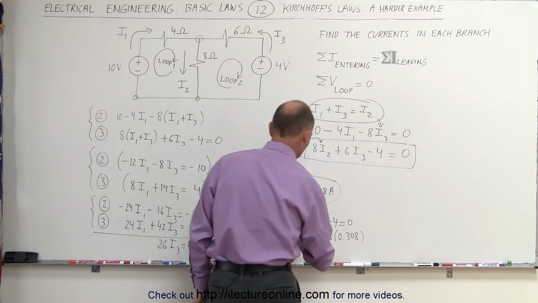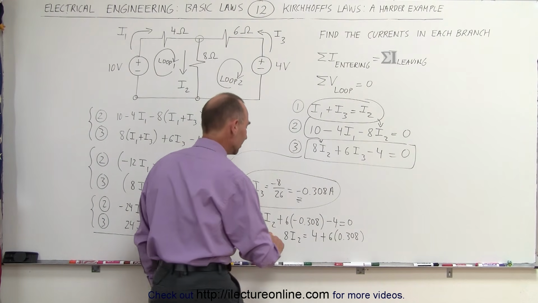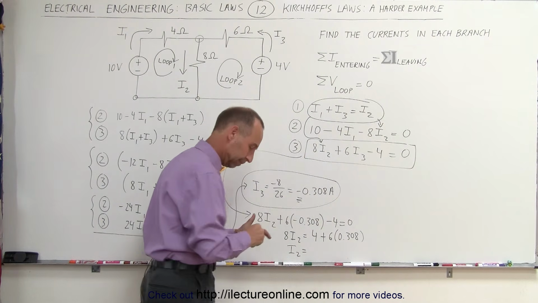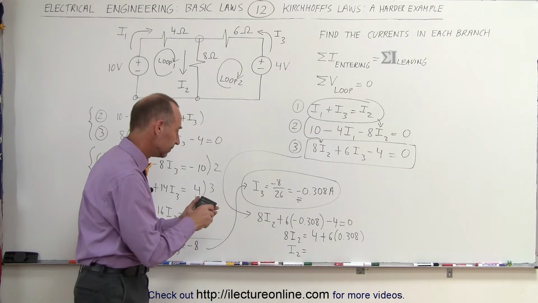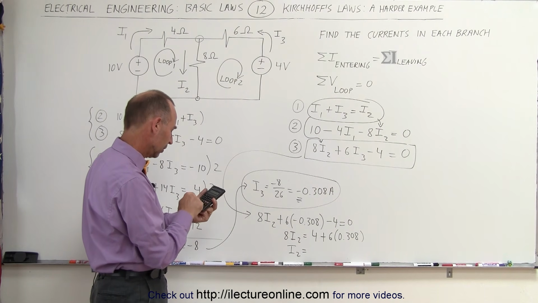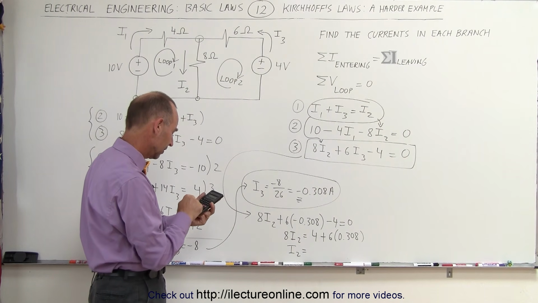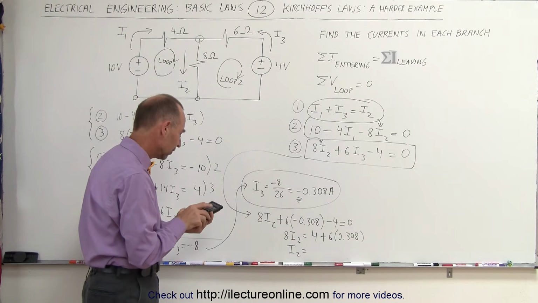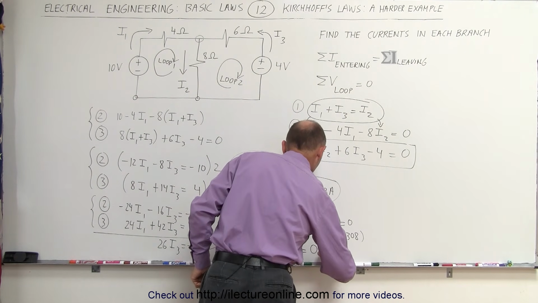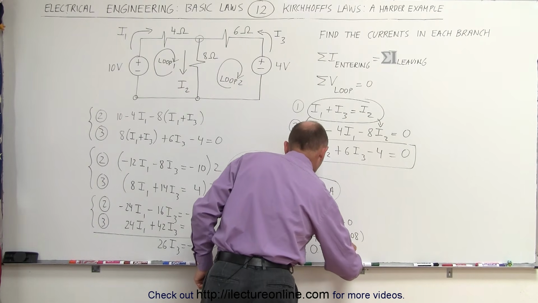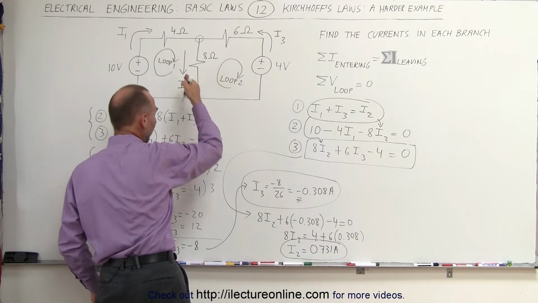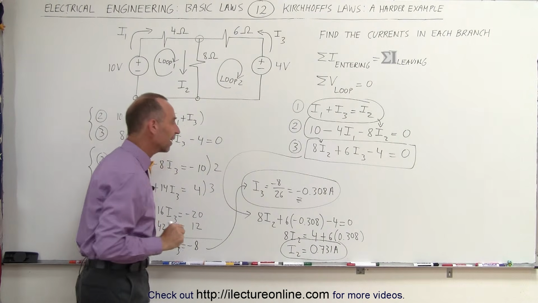And then, of course, we divide both sides by 8, which means I2 is equal to, multiply 0.308 times 6 plus 4 and divide by 8, and I get 0.731 amps, which is the current I2. So for I2, I do have the correct direction because I got a positive answer.